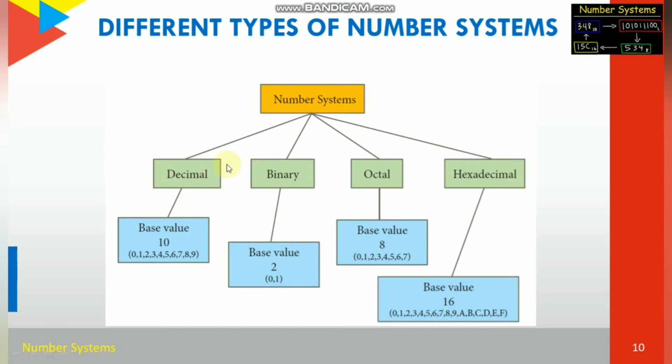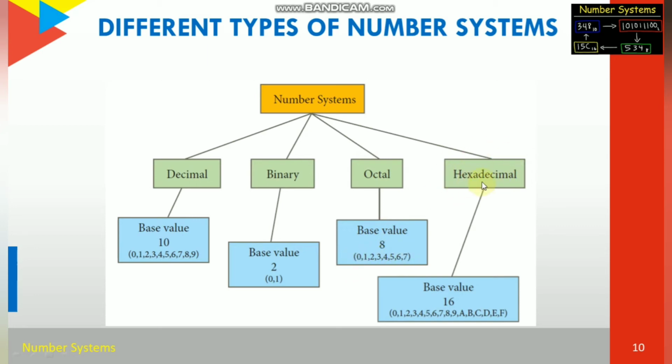The first one, the decimal number system, consists of numbers from 0 to 9. So 0, 1, 2, 3, 4 like that, up to 9. In total it has 10 values. Then the second one is the binary number system, which consists of only 2 values, that is 0 and 1. Octal consists of 8 values from 0 to 7.